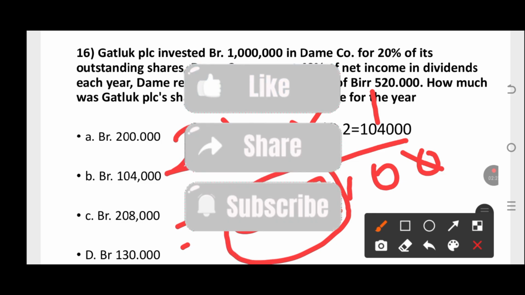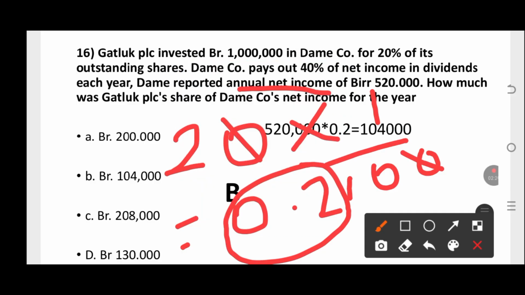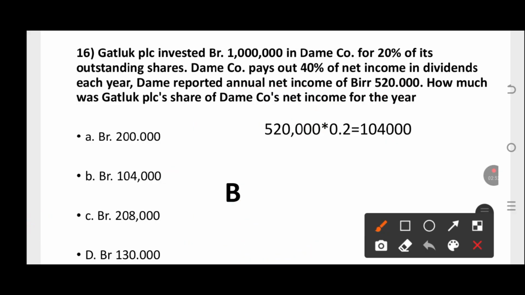His annual net income is 520,000, so we multiply 520,000 by 0.2, which gives 104,000. The options: A, 200,000 birr; B, 104,000 birr; C, 280,000 birr; D, 130,000 birr.